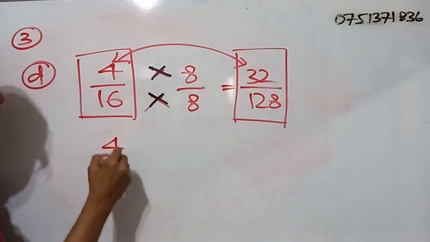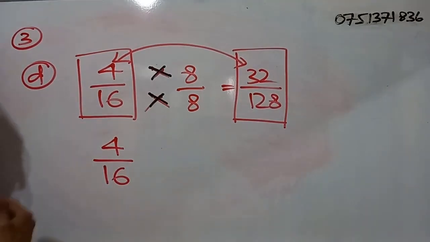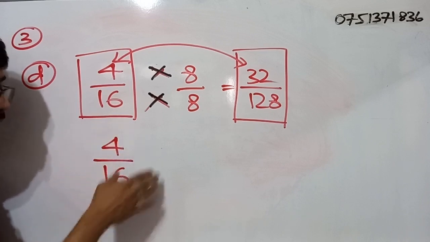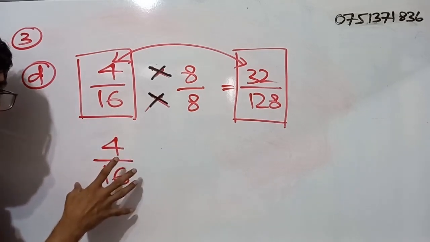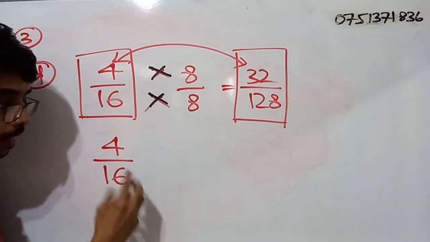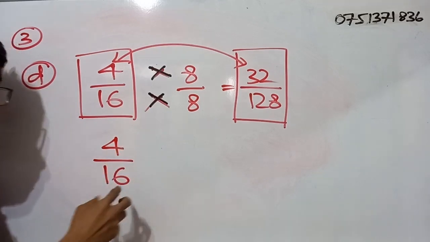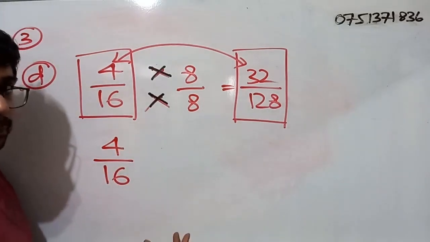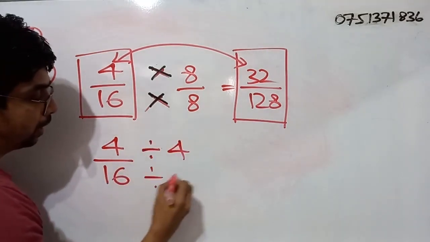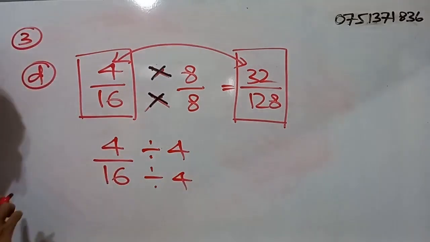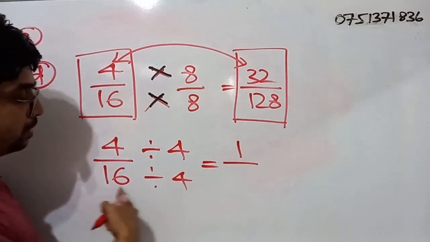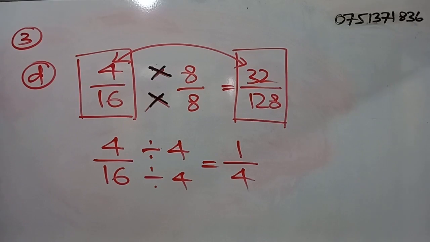Right, so now we will consider the division method. In the division method, we divide both the numerator and the denominator of a given fraction by the same whole number. Notice that we divide both the numerator and the denominator by the same whole number. So I can divide both of these numbers, the numerator and the denominator, by what? 4. 4 divided by 4, that is 1. 16 divided by 4, that is 4.